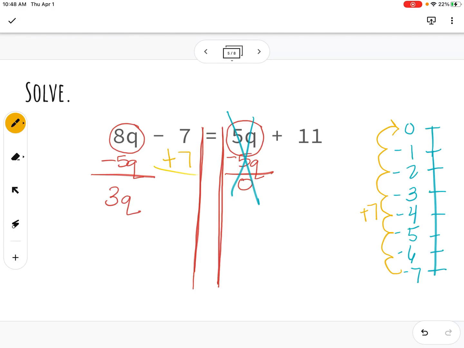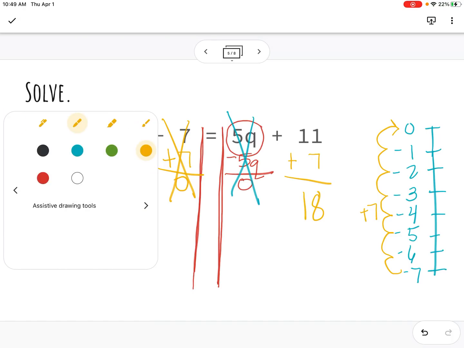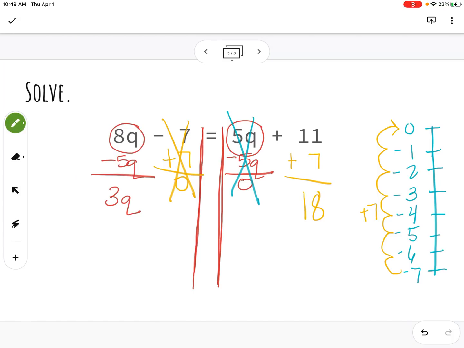Plus 7 is 0. Do it on the one side of the equal sign. Do it to the other. Plus 7. Got rid of this. 11 plus 7 is 18. Let's rewrite this. We're left with 3q equals 18.